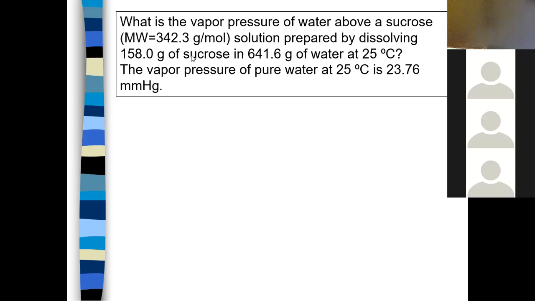So what's the vapor pressure above a sugar solution, sucrose, molar mass 342.3, prepared by dissolving 158 grams of sugar in 641.6 grams of water at 25 degrees Celsius?